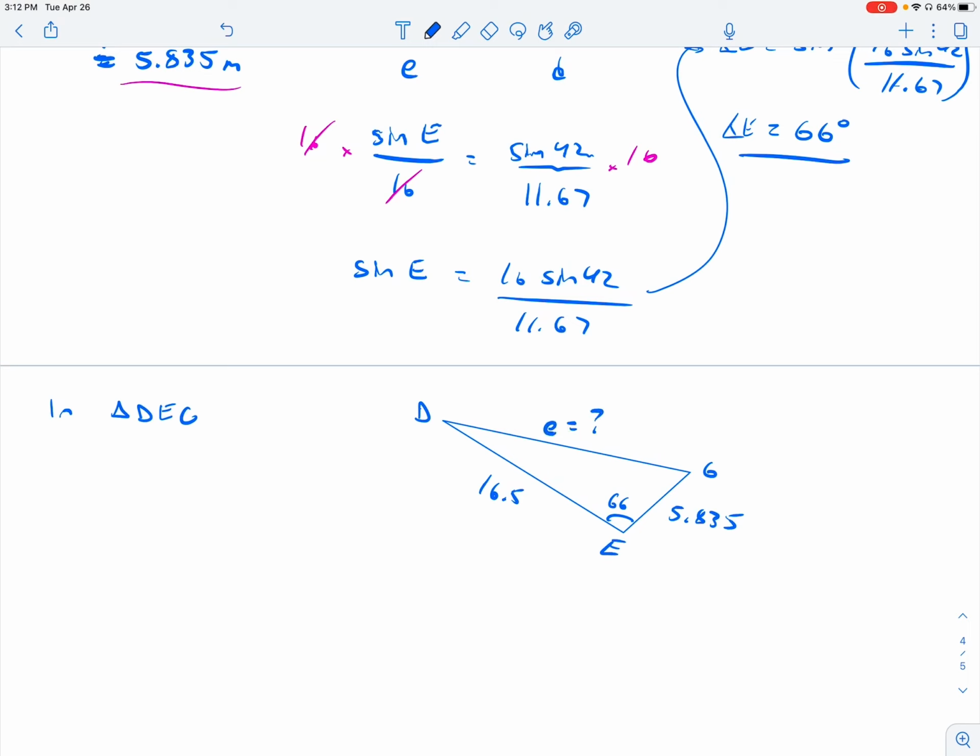We're looking for that distance along D to G. So in triangle DEG, we'll say apply cosine law to find E. I'm using the cosine law because the two sides have the given angle in between them. This is side angle side again, right?